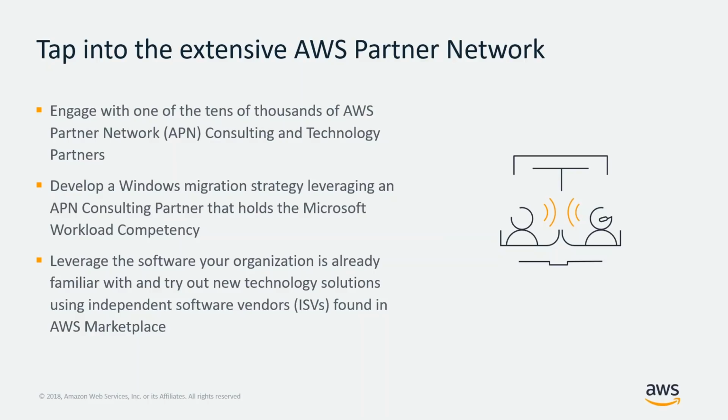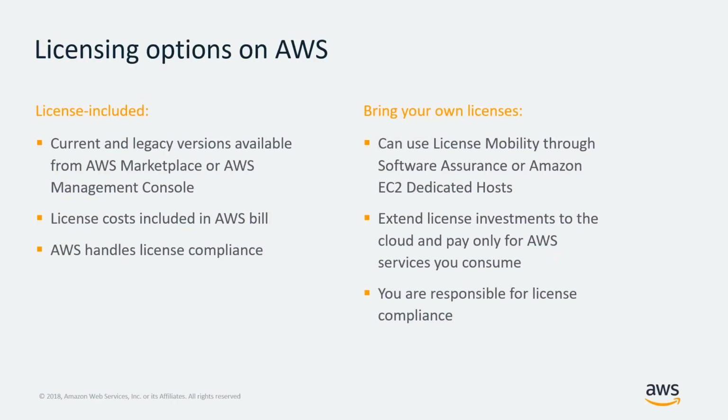So this is something we actually qualify partners on, based on their competencies with specific Microsoft workloads. You can leverage the software your organization is already familiar with, or you can try out new technologies and solutions that ISVs offer through AWS Marketplace.